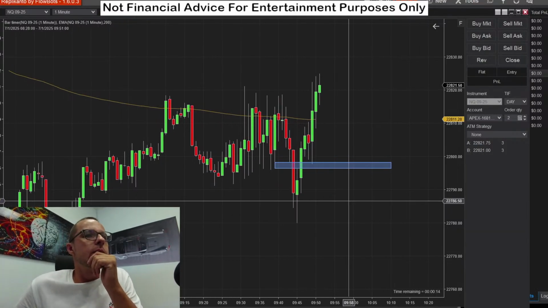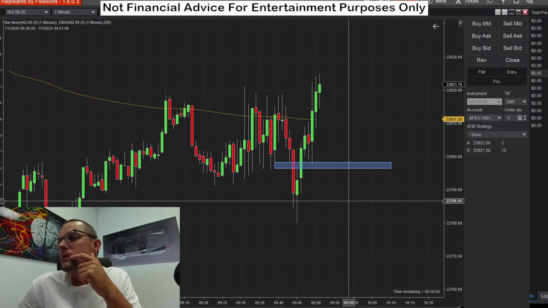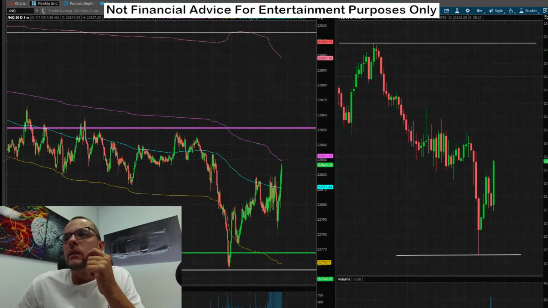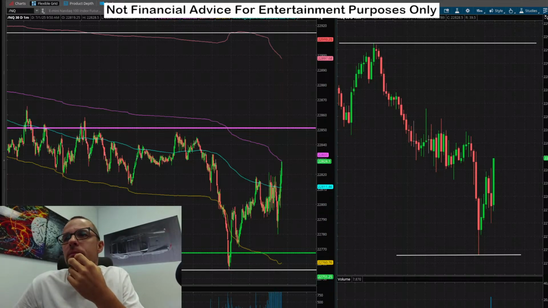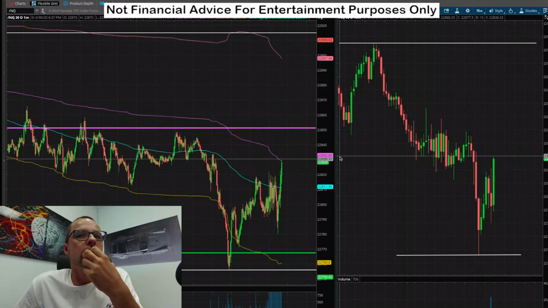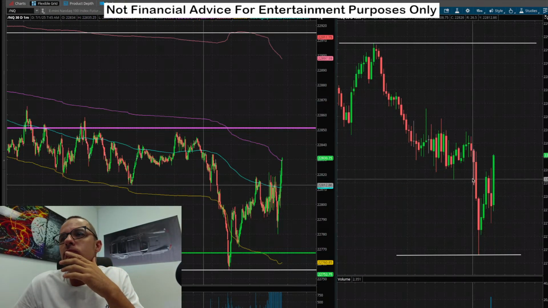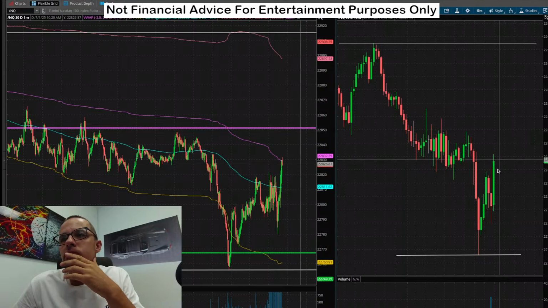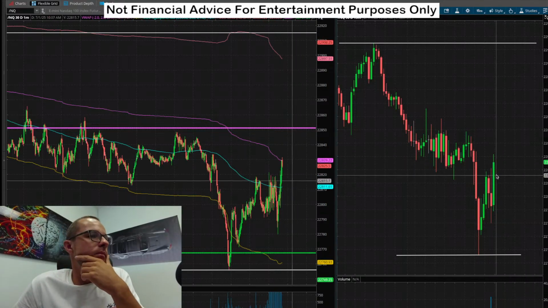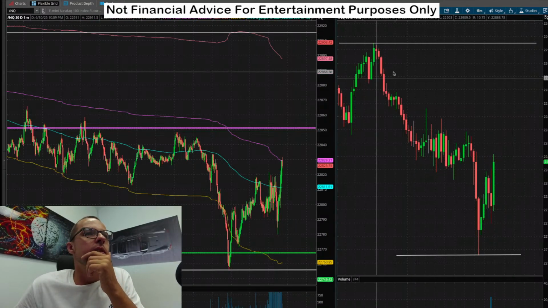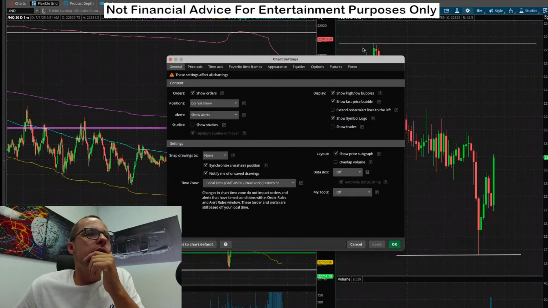Okay. Dang, let me see if I could turn on. Maybe not. How do I? Alright, this looks like it's about to... How do I need to turn... I have other indicators that I have on my other chart.